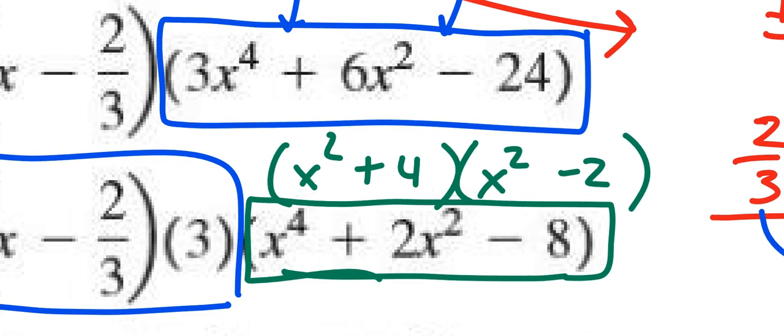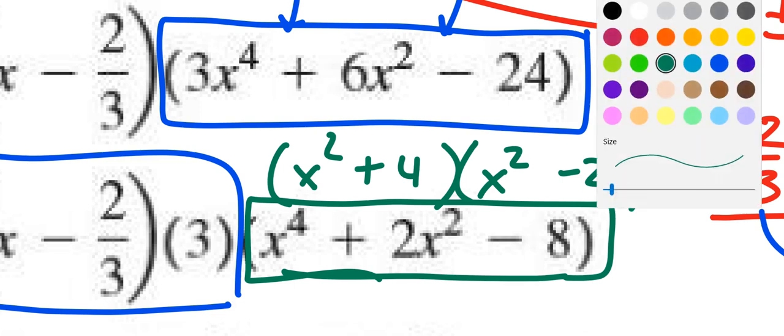Which one of those is irreducible? Tell me, talk to your neighbors. You got about 15 seconds to figure out which one of those is irreducible. See what they think.